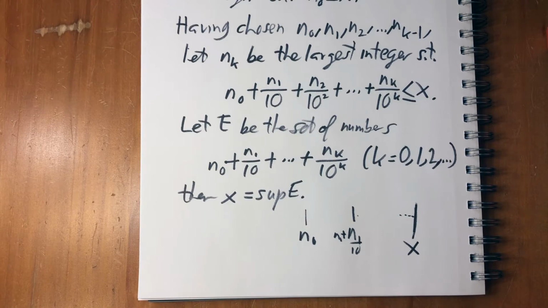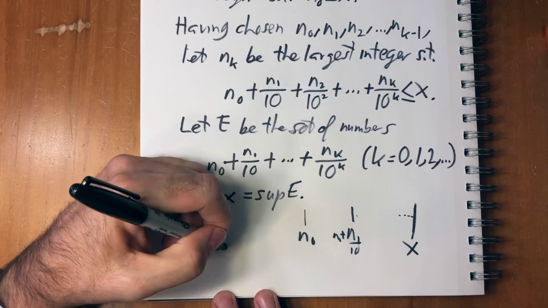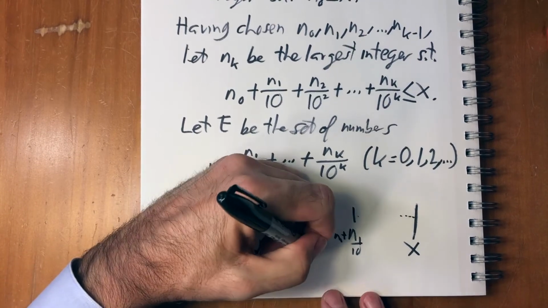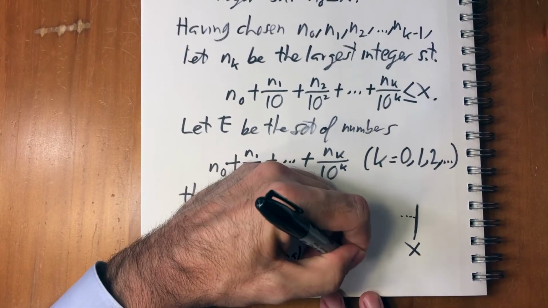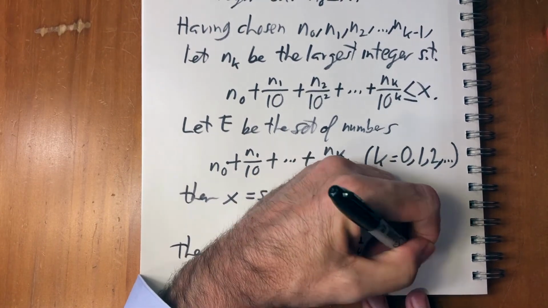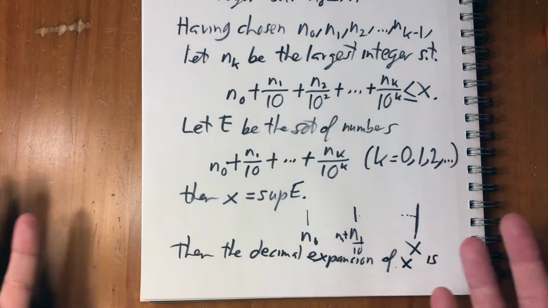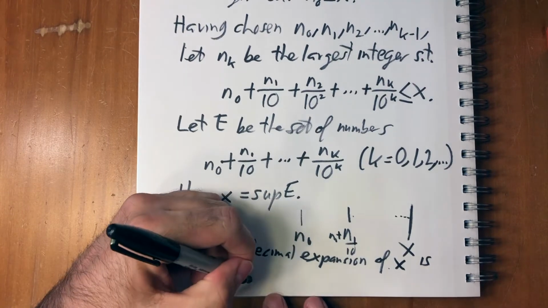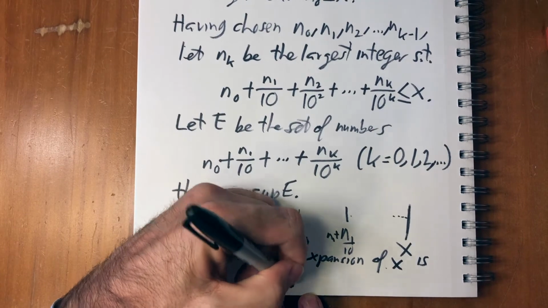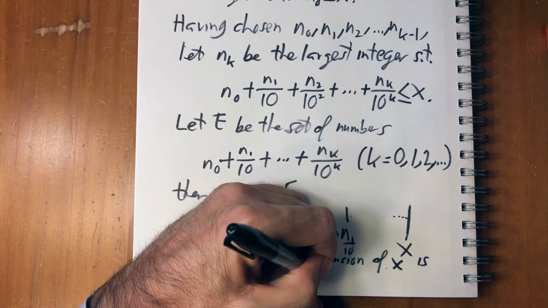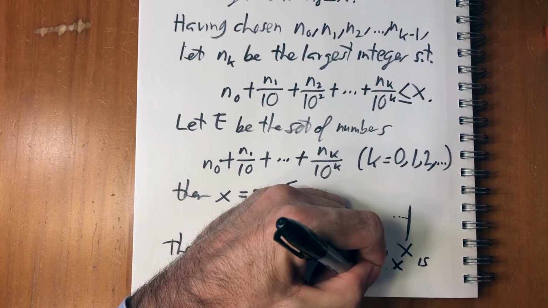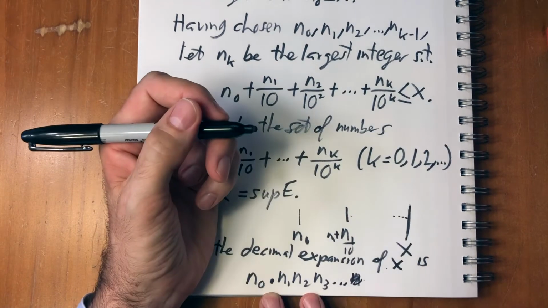So then what we're saying is, the decimal expansion of x is, you just write down these numbers in a particular way that we're all used to. n0, decimal point, n1, n2, and so on.